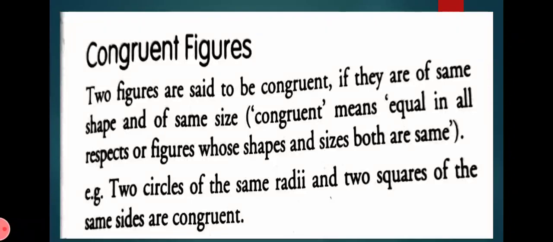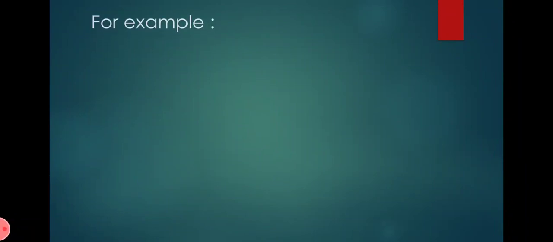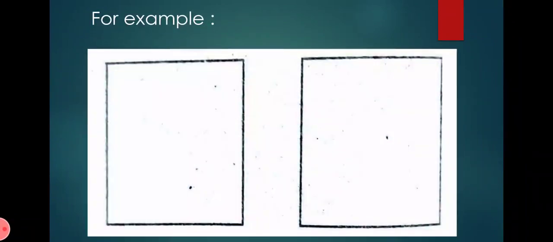Similarly, two squares of the same sides are congruent. For example, here two squares are shown which have equal sides.